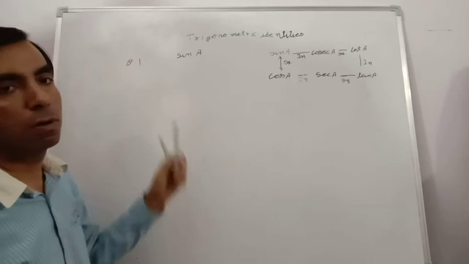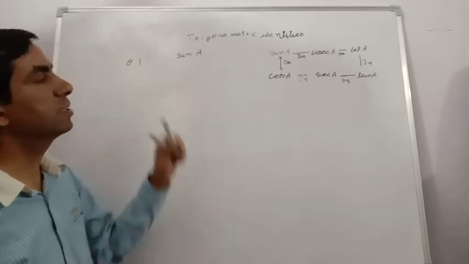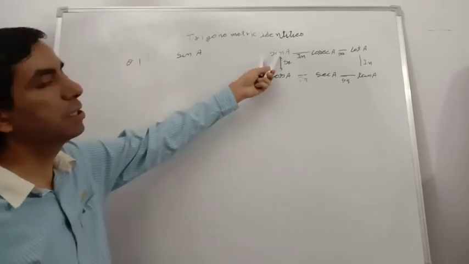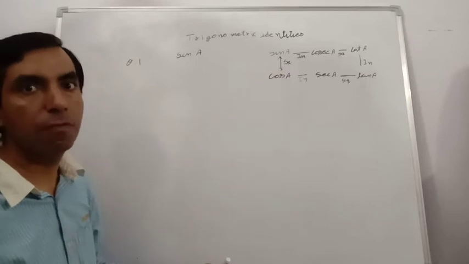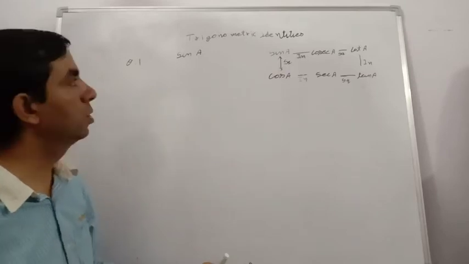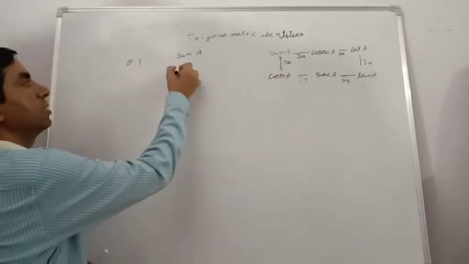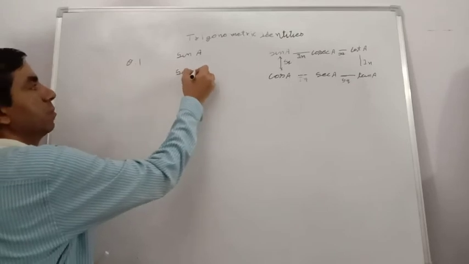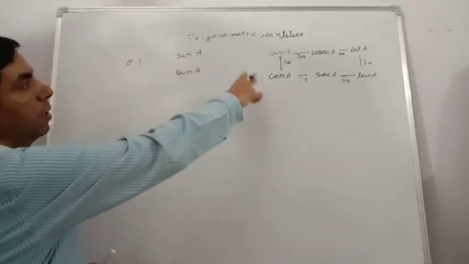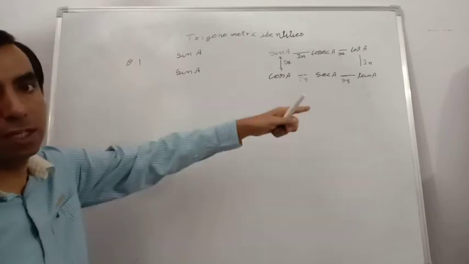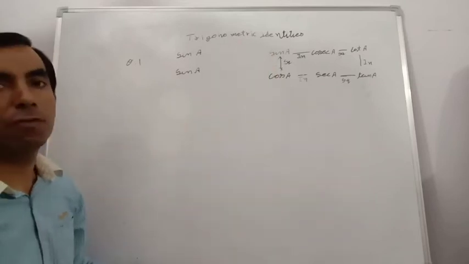But in this question we have been given sin A. Means our starting point is sin A. So first you write sin A as it is. Means we have to find each trigonometric ratio in the form of sin.